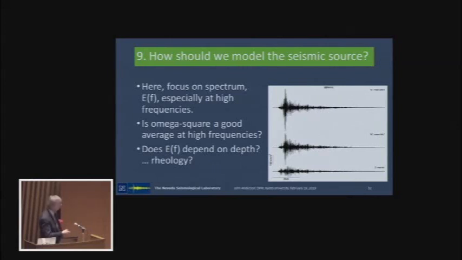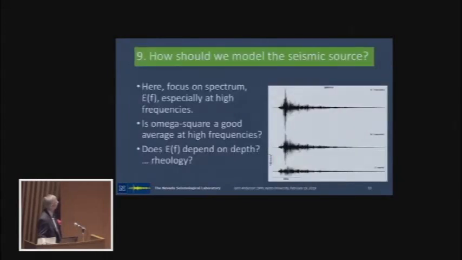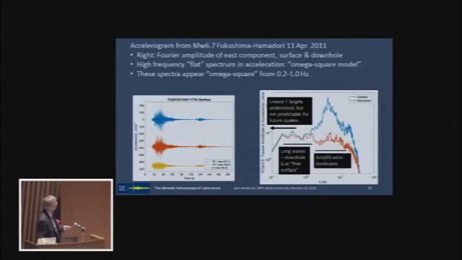And what we see here is just a sample of one seismogram. Here we have a seismogram recorded at one of the KiK-net stations, and so we have the surface ground motion and the downhole ground motion.